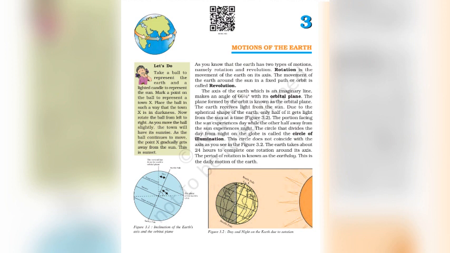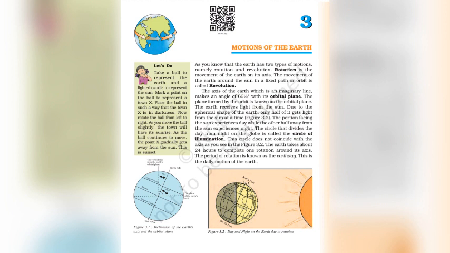Therefore, it is summer in the southern hemisphere with longer days and shorter nights. The reverse happens in the northern hemisphere. This position of the earth is called the winter solstice. Do you know that Christmas is celebrated in Australia in the summer season?